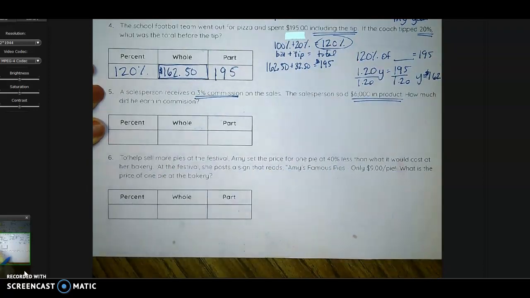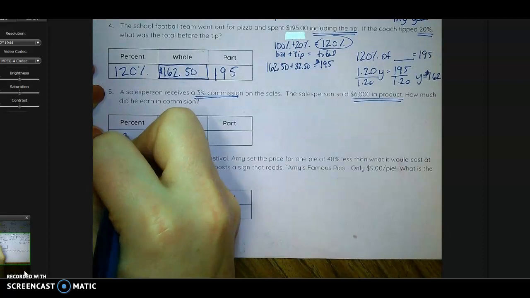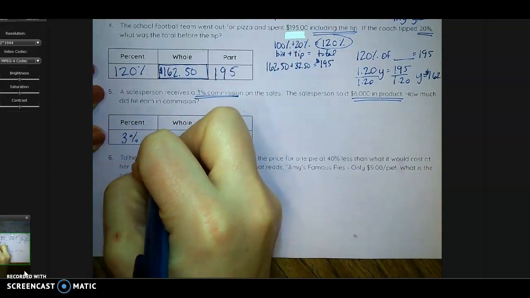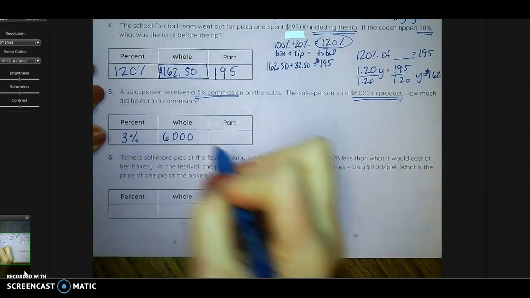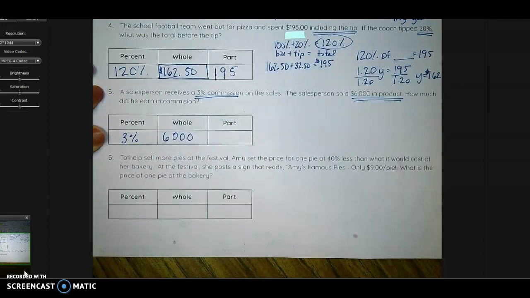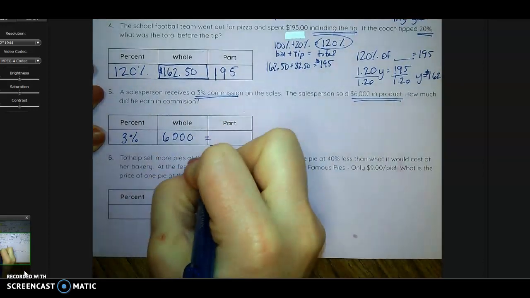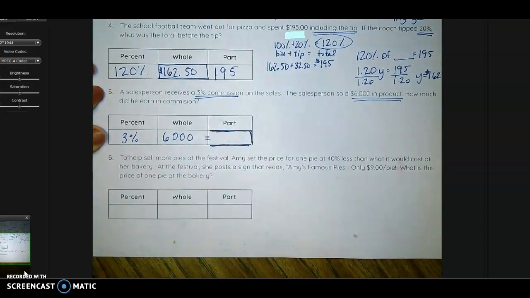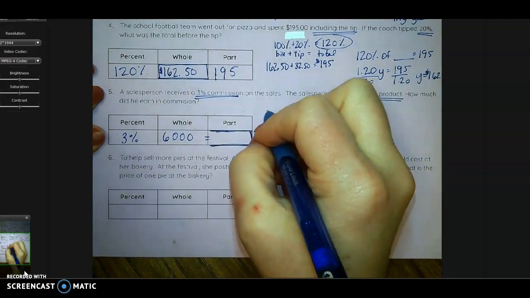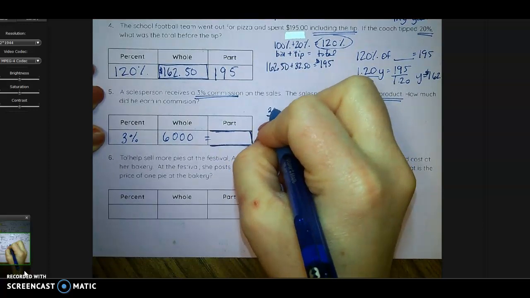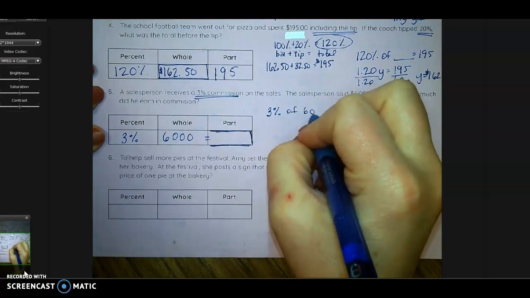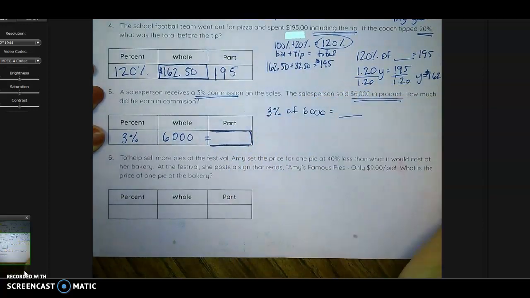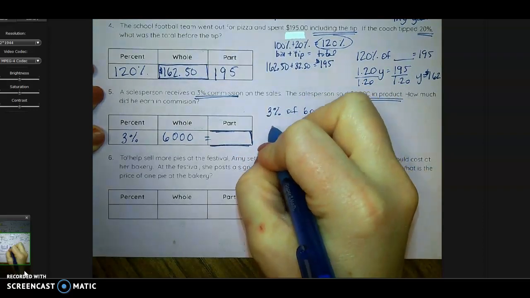This sounds weird because it's some new vocabulary, but this is 3% of $6,000. They're not going to give me $6,000. I am looking for the part that they are going to give me. They aren't giving me the whole thing. They are giving me a part. So if I sold $6,000 and I make 3% of that, I'm looking for the part.